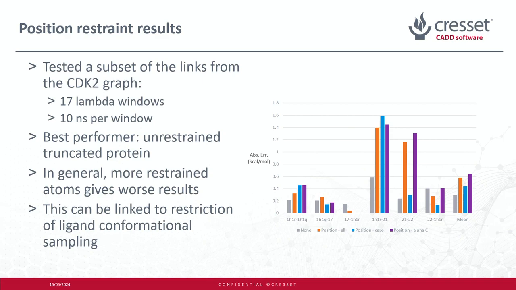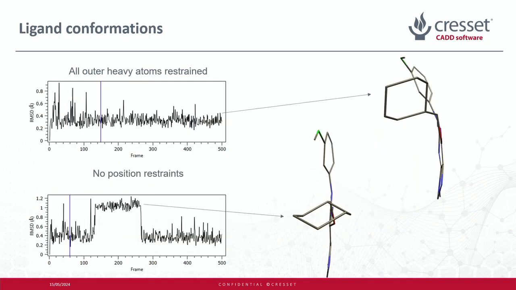And essentially what we think is happening here is that by restraining the outer residues, you're also restricting the movement of the residues inside the active site. And that goes on to affect the movement of the protein itself, and the ligand itself.